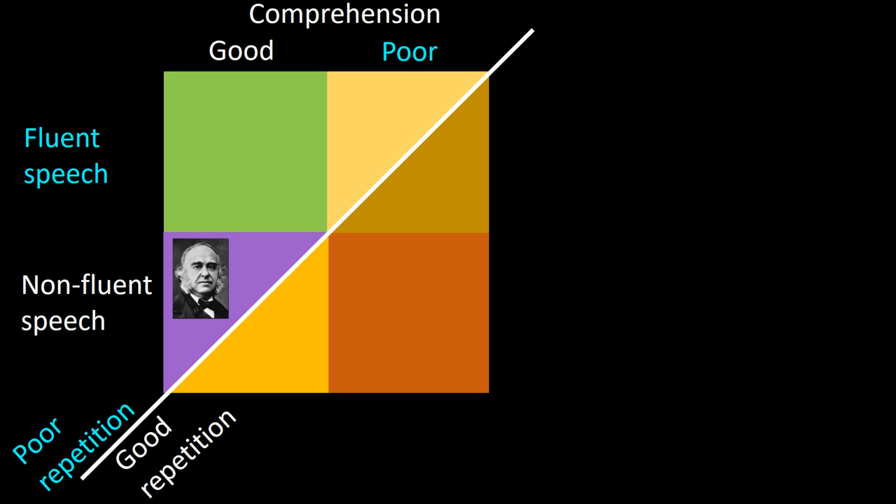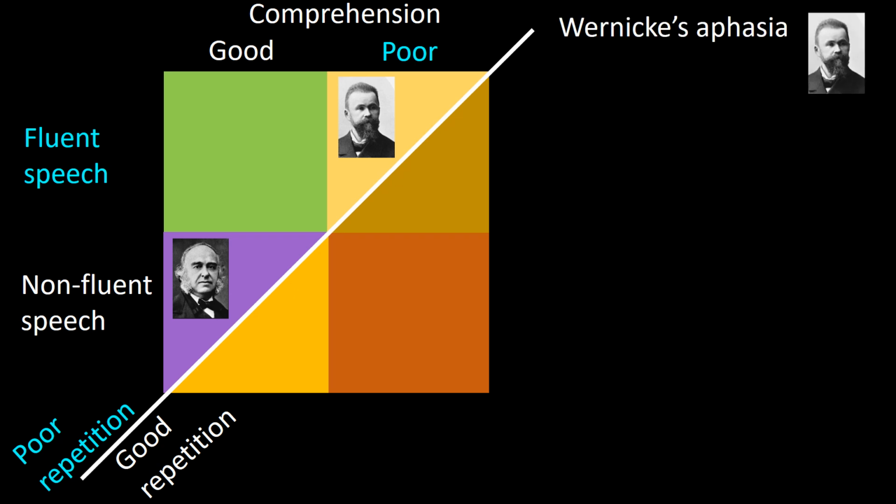In this type of aphasia, comprehension is poor, repetition is poor, but speech is fluent. This aphasia bears the name of the man you see introduced in this frame, Karl Wernicke. It is called receptive aphasia.